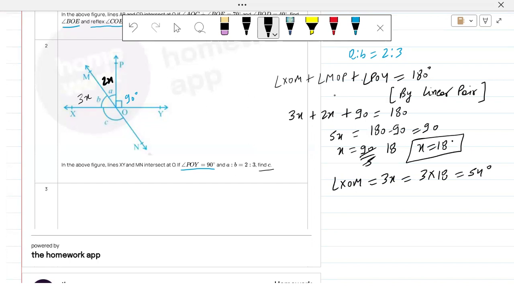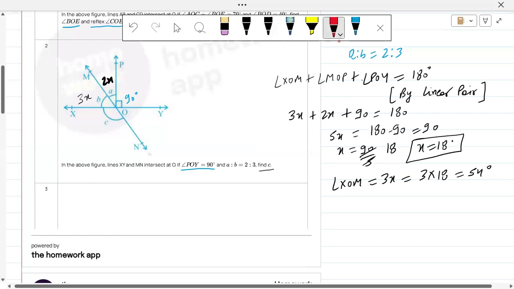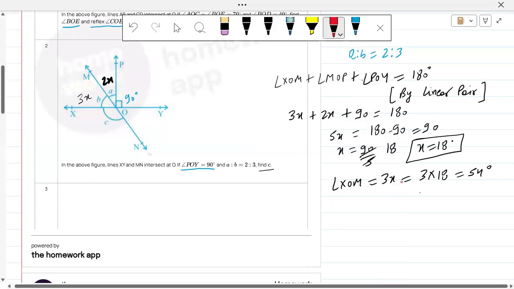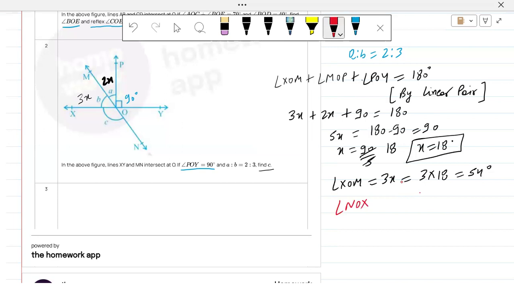You know that angle NOX, I am writing it with a red pen so that it will be easily highlighted, angle NOX, that is this angle c, plus angle XOM is equal to 180 degrees. Why is it 180 degrees?